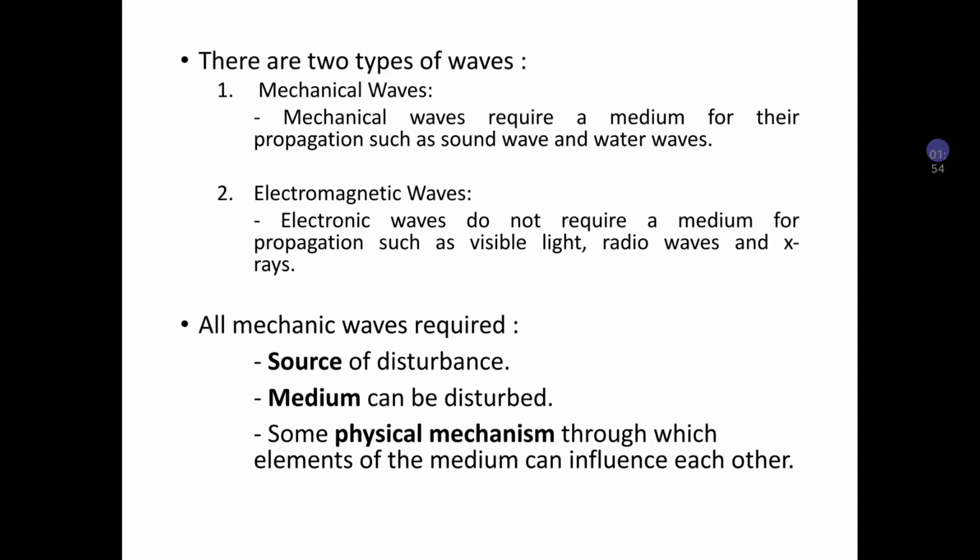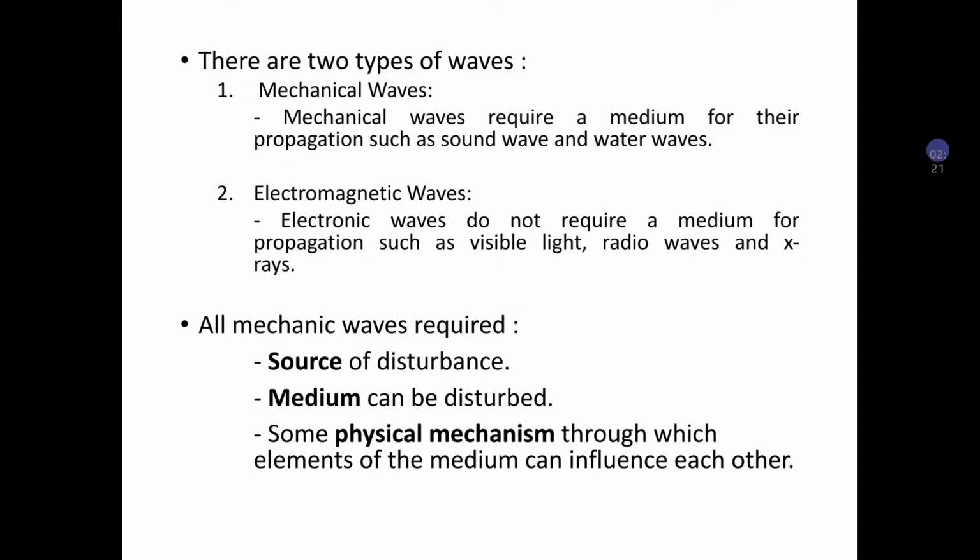Okay, so there is two types of wave, which is mechanical wave and electromagnetic wave. Okay, example of mechanical wave. Okay, so mechanical wave ni adalah wave yang terhasil yang mana dia memerlukan sesuatu sumber ataupun disturbance ataupun source, which is dia mesti ada sesuatu objek ataupun sesuatu source yang menyebabkan wave tu terhasil.